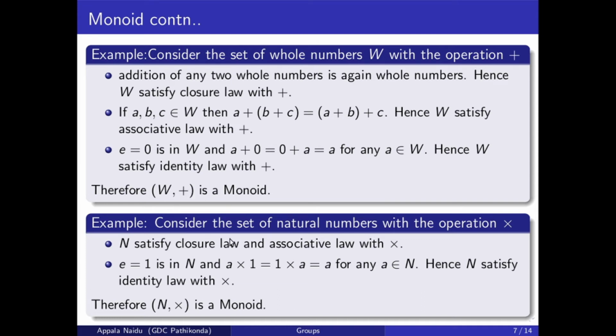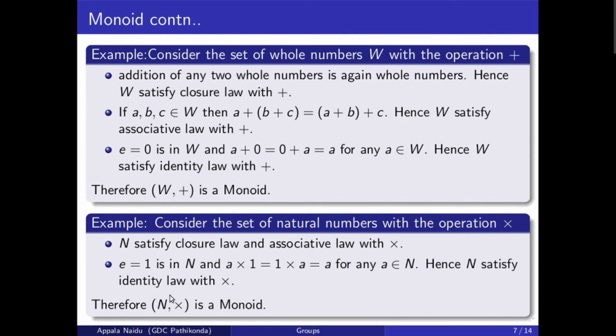Now consider the set of natural numbers with the operation multiplication. So N satisfies closure law and associative law. This we have already seen with the operation multiplication. Because of that, N is a semigroup with multiplication.